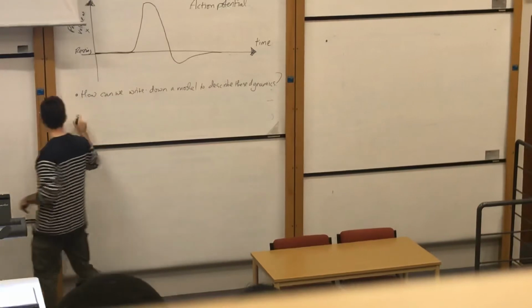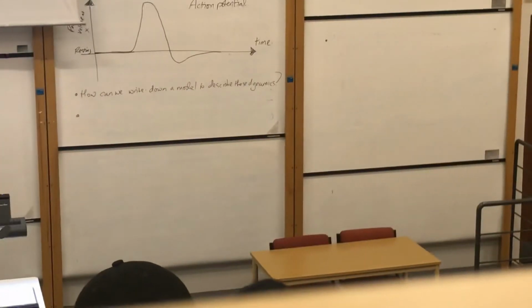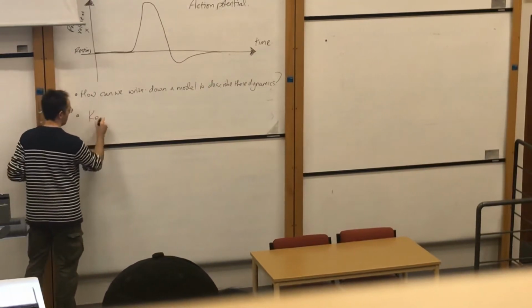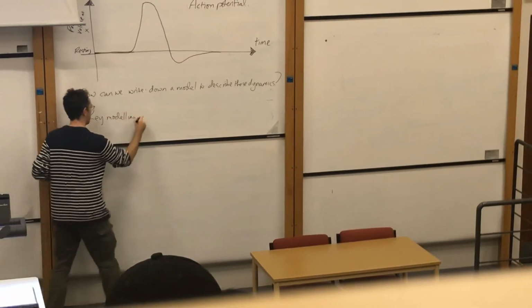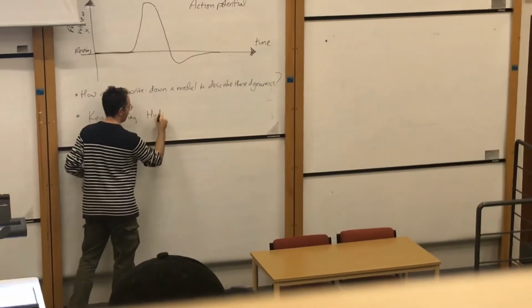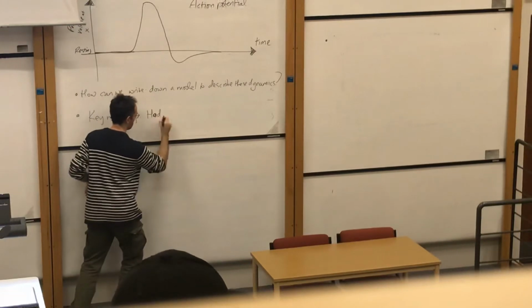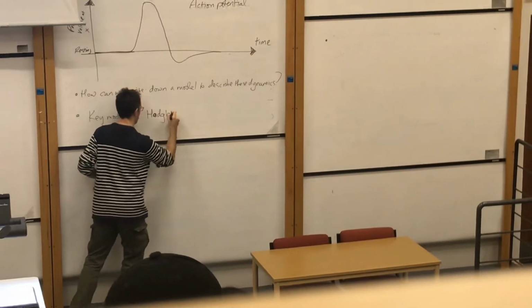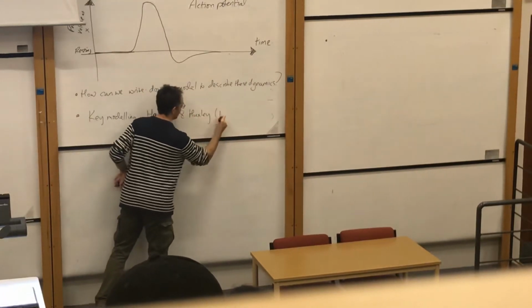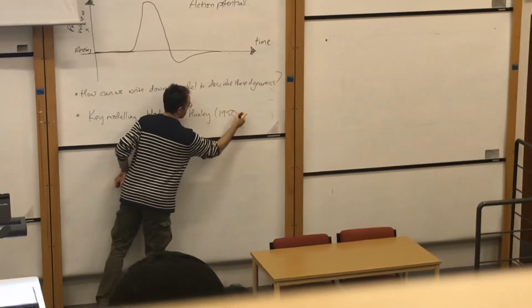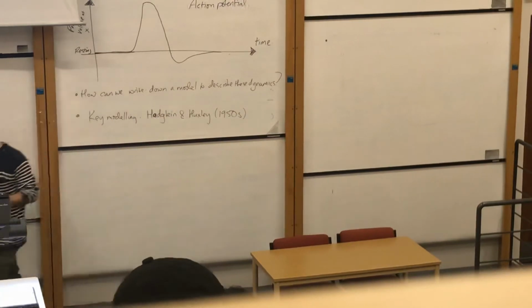The key model, which actually we're not going to look at, we're going to look at a caricature of it in a moment. So the key modelling was by Hodgkin and Huxley in the 1950s. They were really pioneering mathematical biologists.